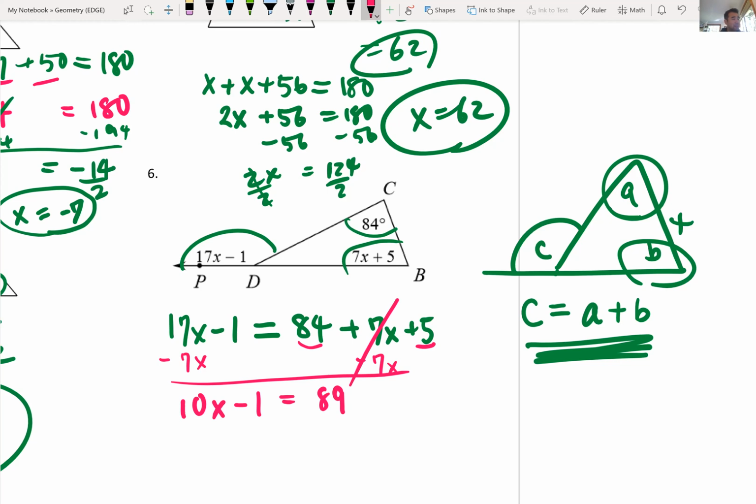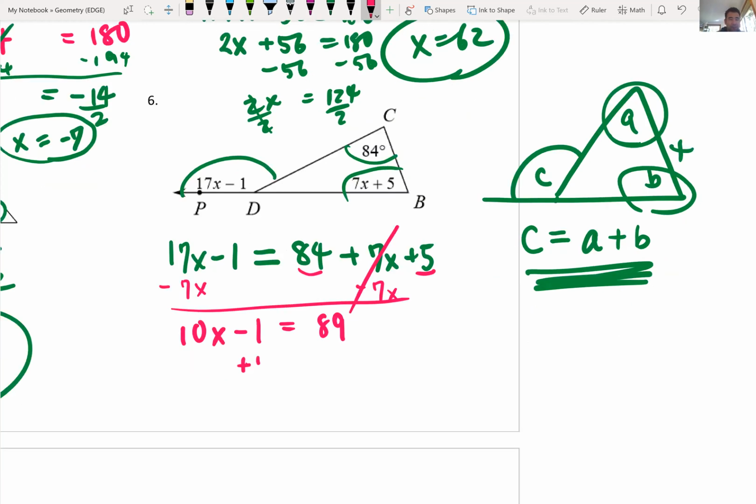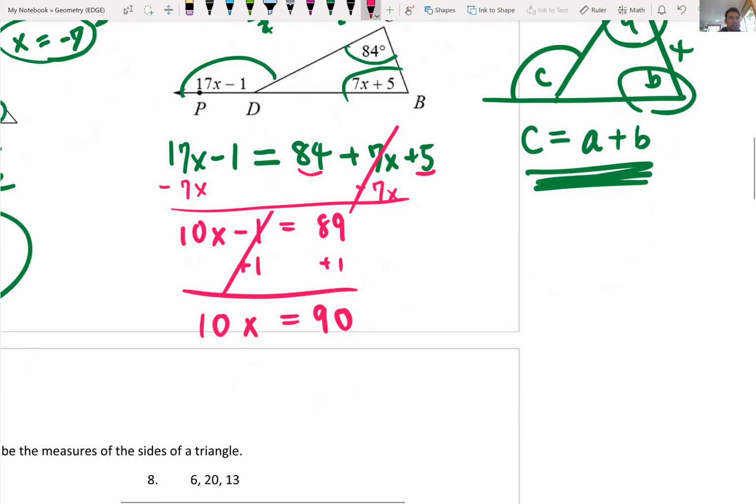Very good, Logan. Appreciate sharing that. Add 1 on both sides. 10x equals 90. And then you divide by 10. So x equals 9. What do you guys think?